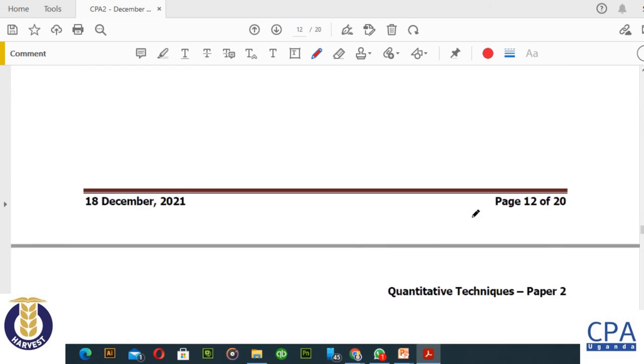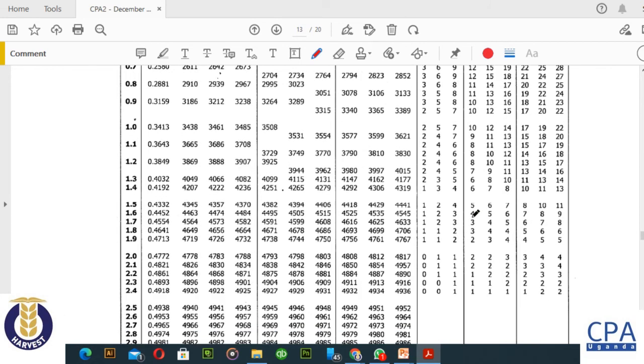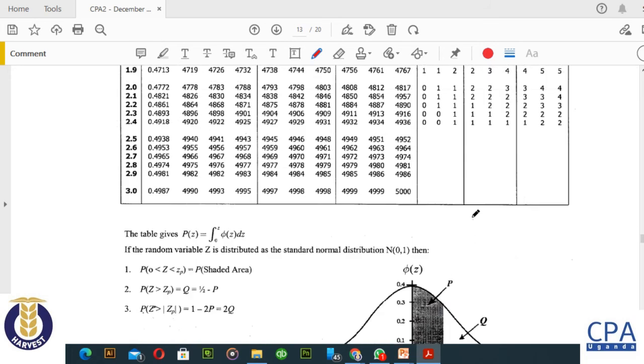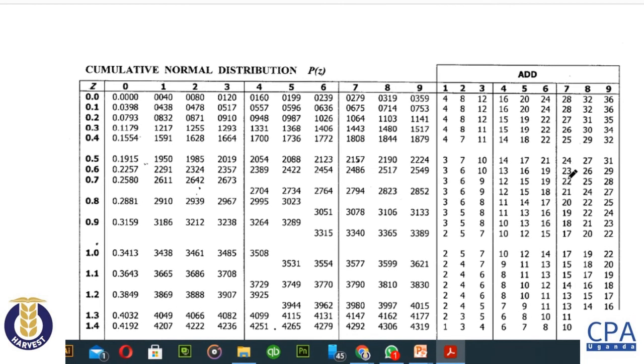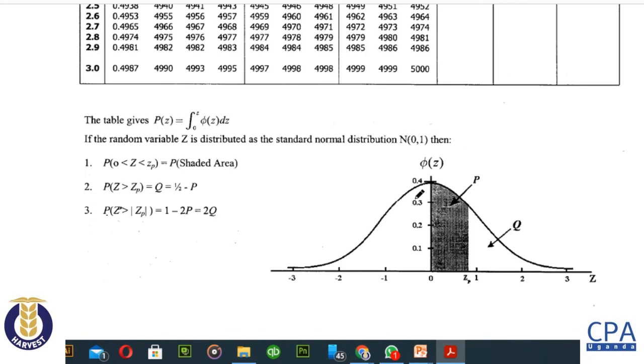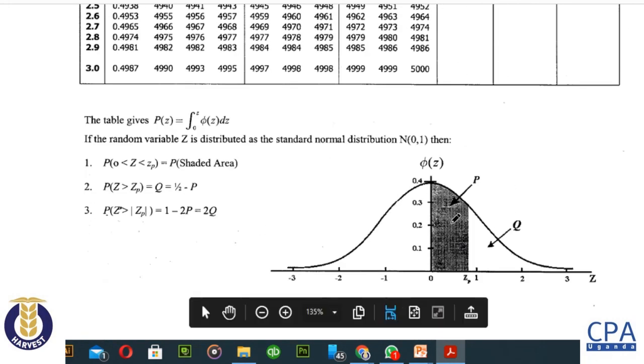Then at the end, the next page definitely is where you're going to find the table that you're going to use to read off the probability. So the title of the table is Cumulative Normal Distribution. That's the title, and there is a sketch that accompanies that table.